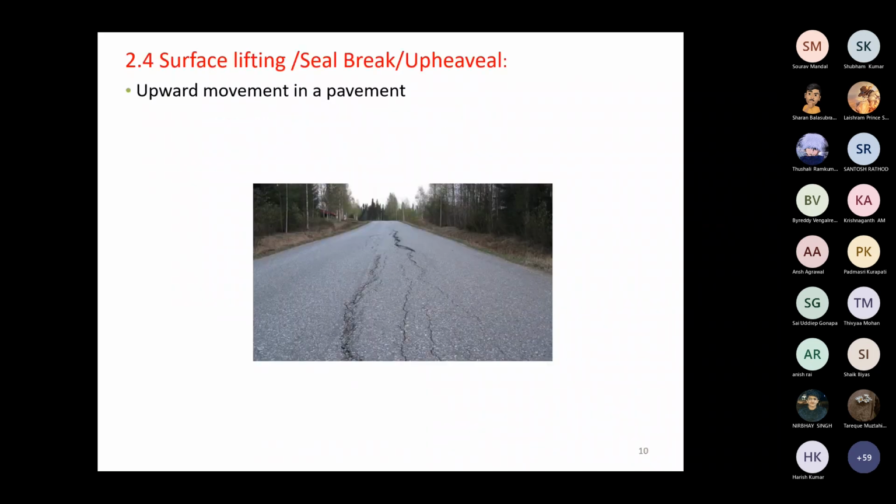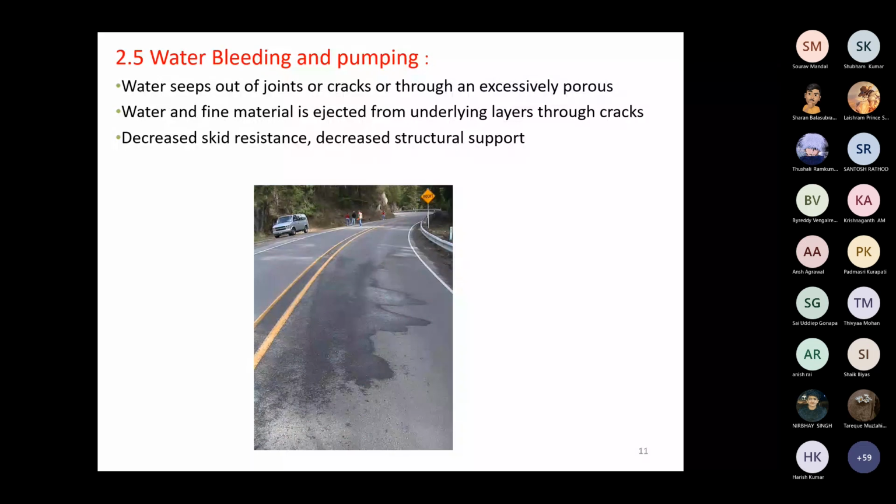And there is surface lifting, like seal break or upheaval. This is an upward movement in the pavement, or at some portion of the pavement itself. Then there is water bleeding and pumping. Water seeps out through joints or cracks, or if your mix is excessively porous, the water will come out.